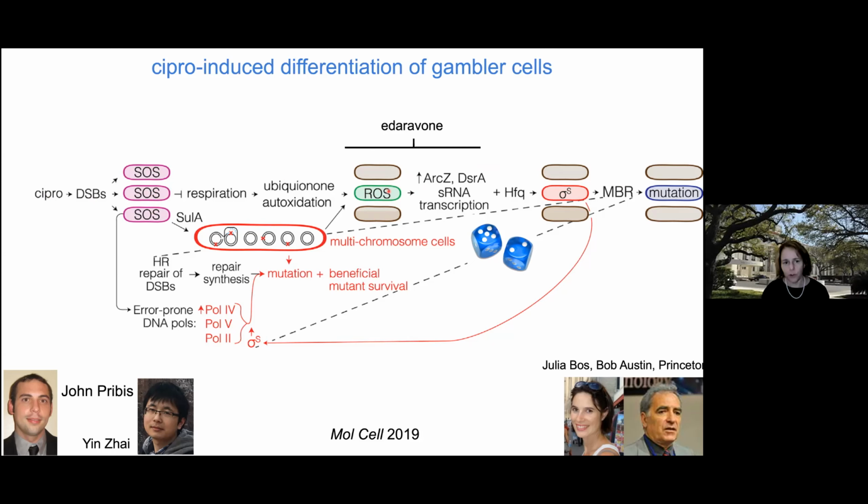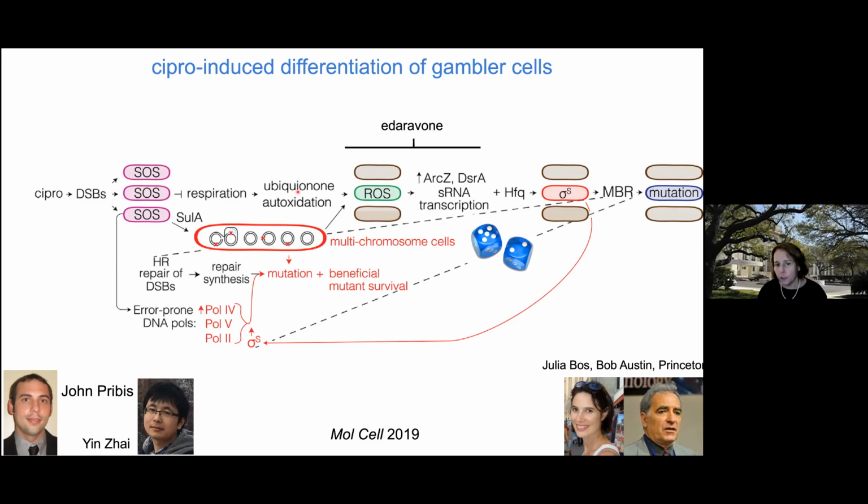Here's the mysterious part. Although almost all cells have an SOS response, only 20 to 30% of them get reactive oxygen. We knew, because John tested it, that also upstream of reactive oxygen is ubiquinone. This is part of the electron transport chain, and believe it or not, cells are alive without it.